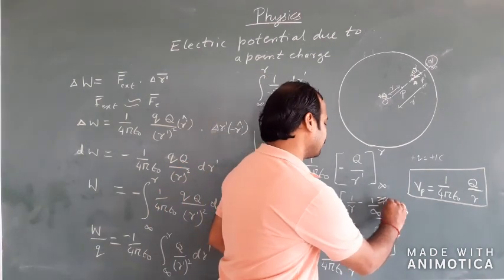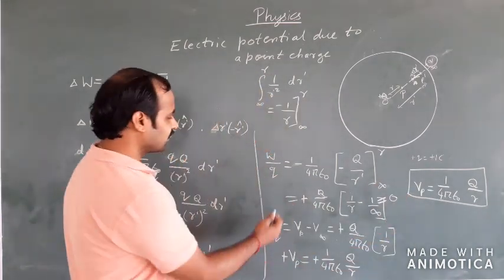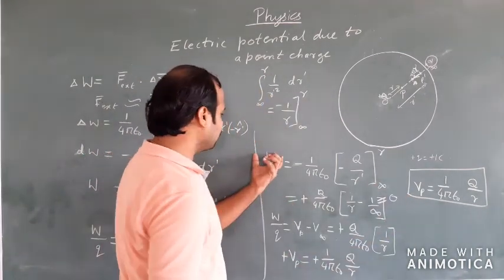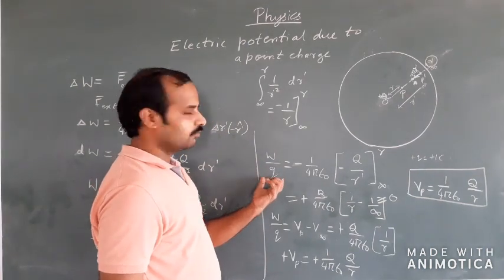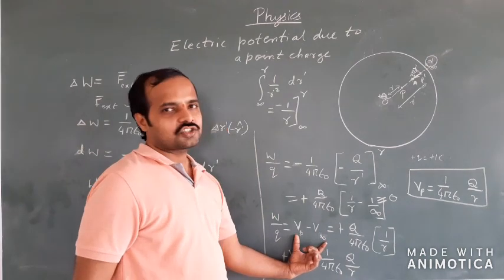You can see that 1 by infinity is nothing but equal to 0, so I can remove this. We already have the point that work done per unit test charge is nothing but the potential, right?